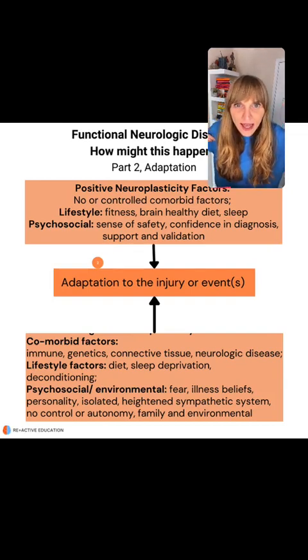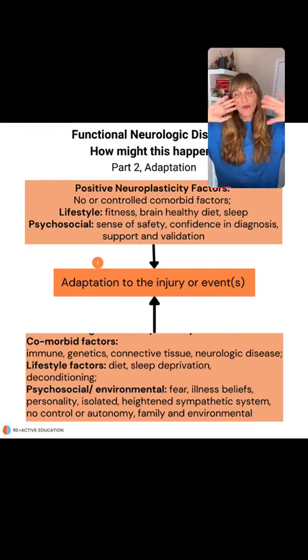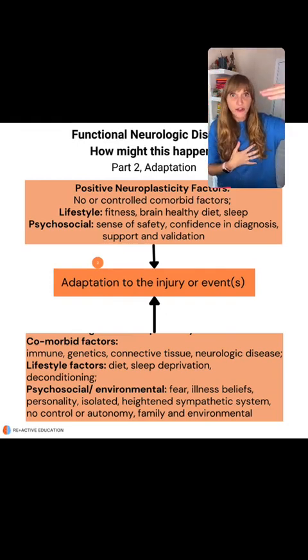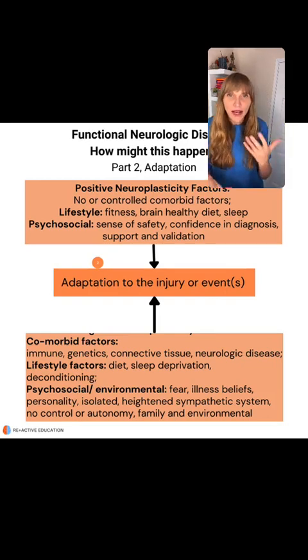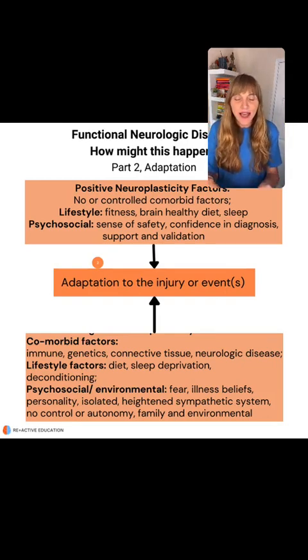Oh, and it looks like the word on the bottom one got cut off, but there are things that promote either positive neuroplasticity, meaning neuroplastic changes in the brain that lead in a really positive direction, or things that can lead neuroplasticity awry. Our brains are amazing things. Neuroplasticity is going to occur, and sometimes it just occurs maladaptively.